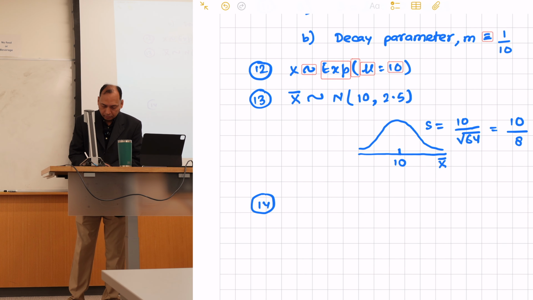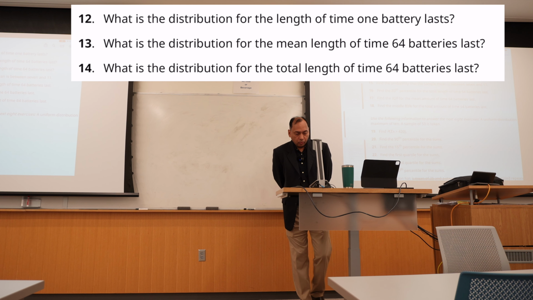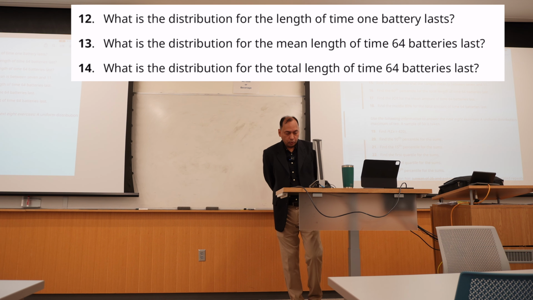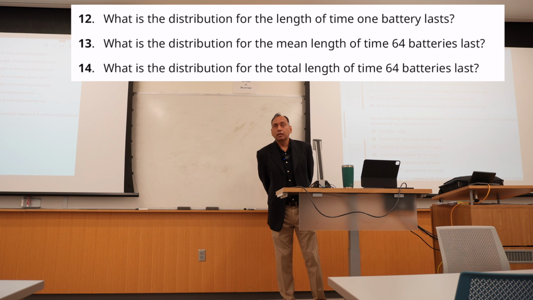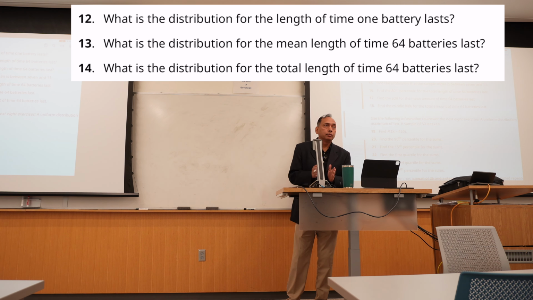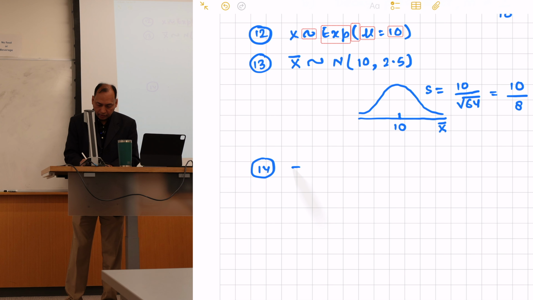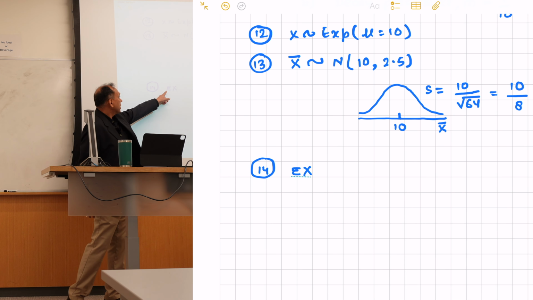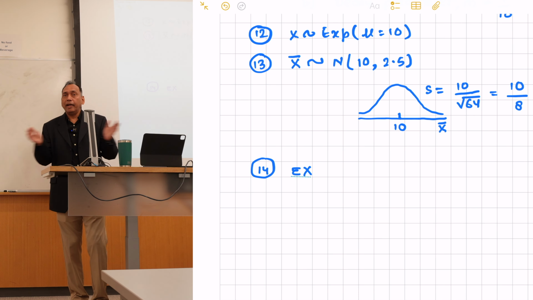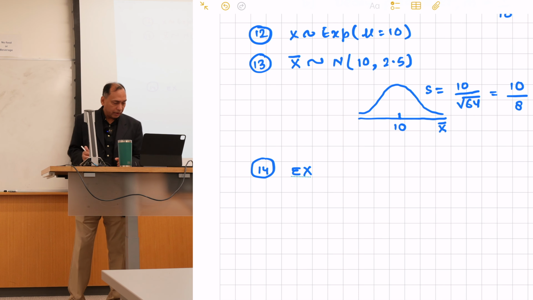Let's look at 14. What is the distribution for total length of 64 batteries? Instead of average, we are looking at the total. So instead of x bar, we say total of x. This summation sign basically adds everything that comes in front of it.